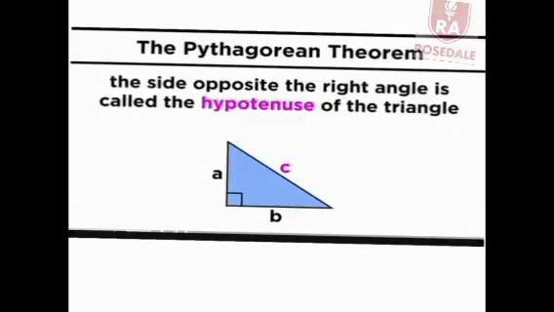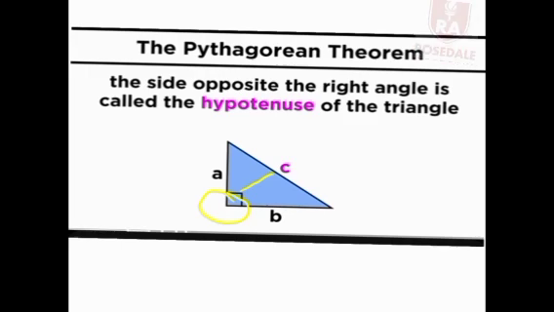Now, moving to the right angle triangle, you will see that the side opposite the right angle is called the hypotenuse. I will circle it for better understanding. The side right opposite the right angle is called the hypotenuse, because there are 3 sides we are looking at.